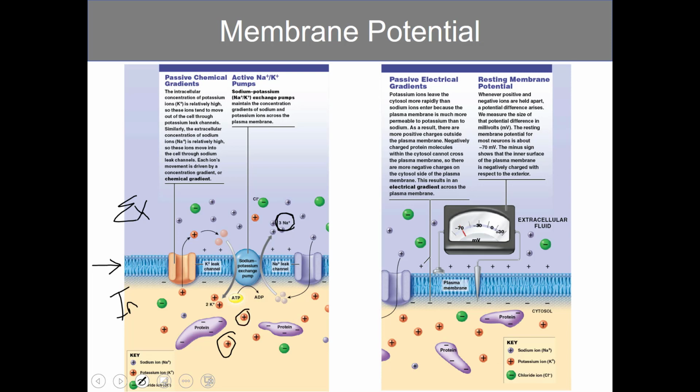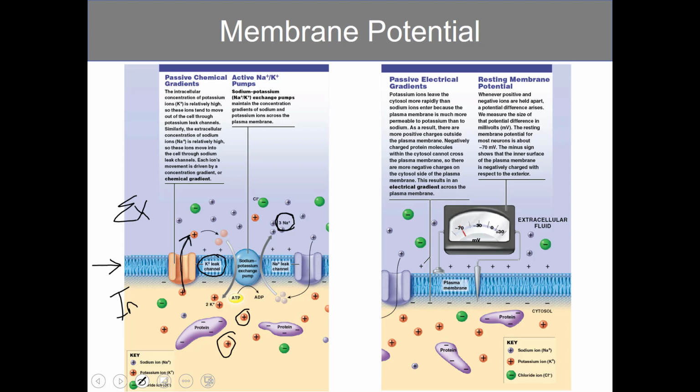The concentration of intracellular potassium is high, and these ions tend to move out of the cell through leak channels. Potassium leak channels, as we see right here, are channels that are constantly leaking potassium. So potassium is going to move out periodically.